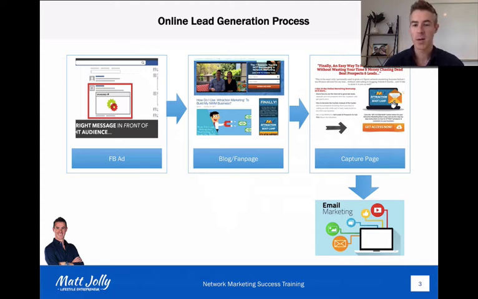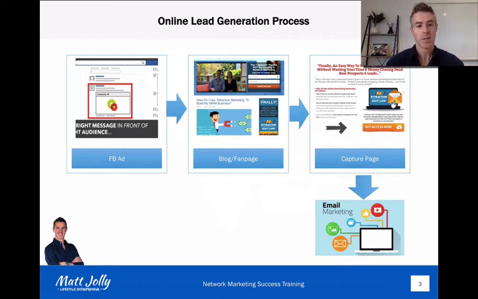And then from there, the idea is for you to have some sort of lead magnet or some sort of way to capture their information, so their name and email address generally, so that then you can market to them consistently over time, which then means that you get in front of them regularly as well.